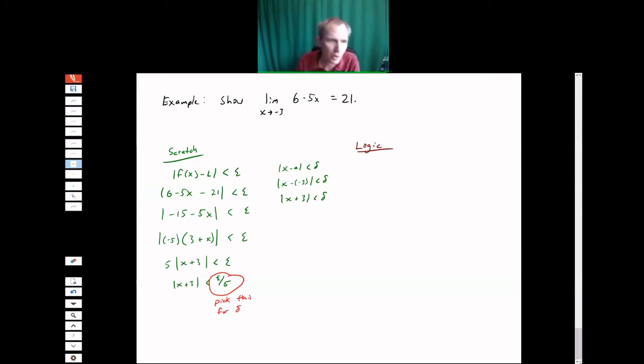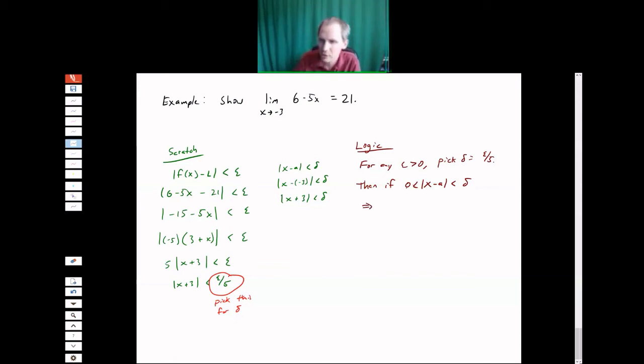Okay, so then when we go through with the logic, we say, all right, for any epsilon greater than 0, pick delta to be epsilon over 5. Okay. Then if 0 is less than |x minus a| is less than delta, then that means that, and I can ignore the 0 part.